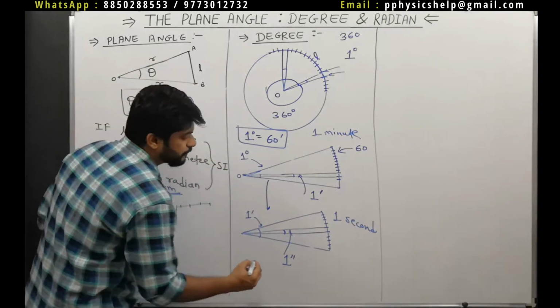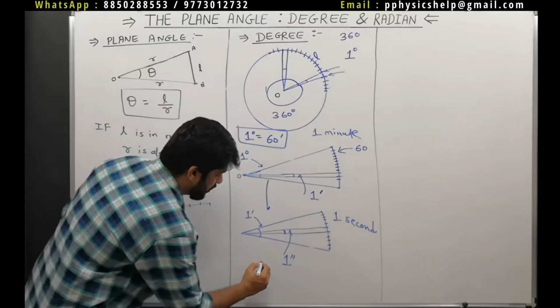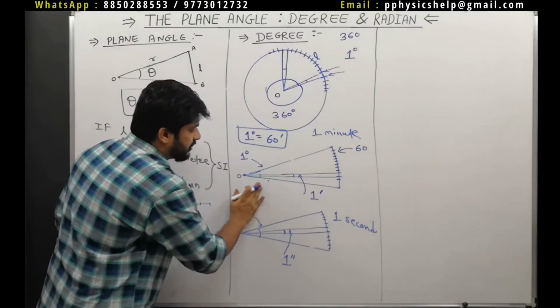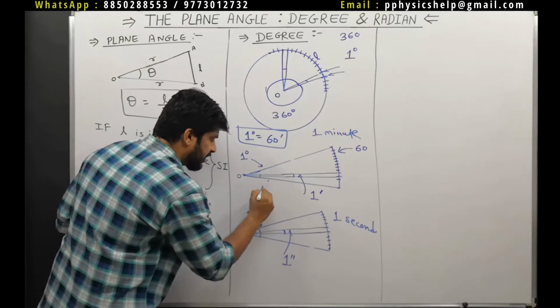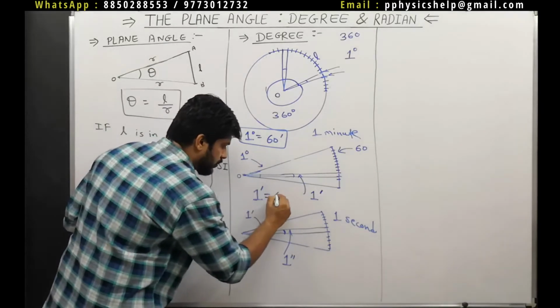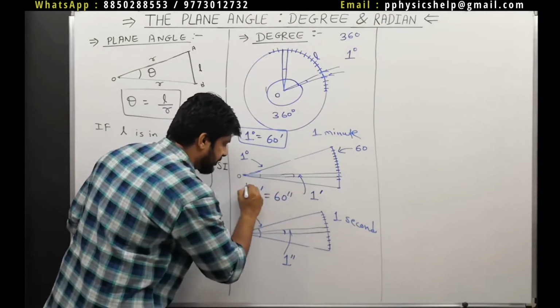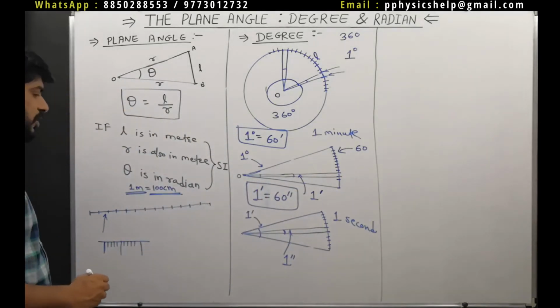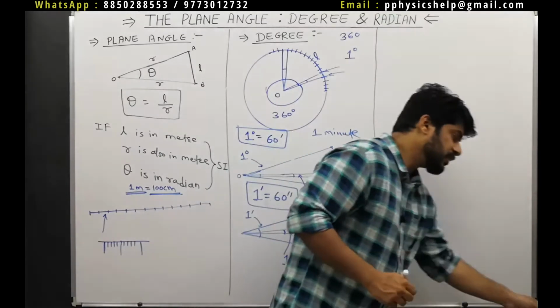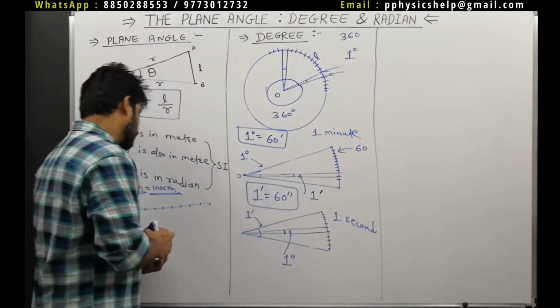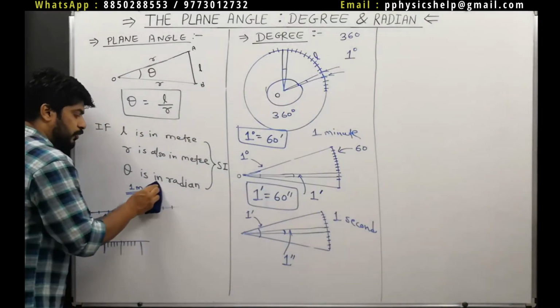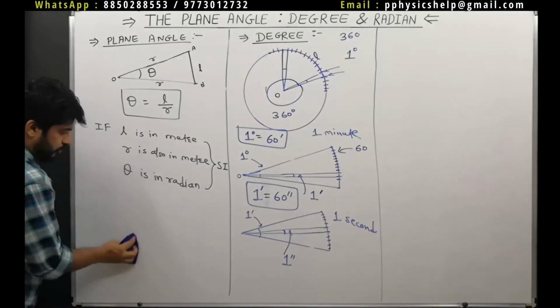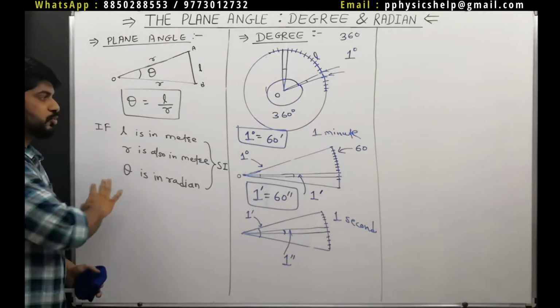So here I can write, 1 minute is equal to 60 seconds. These are very important equations that we have just got, so I will put them over here so they are stored.